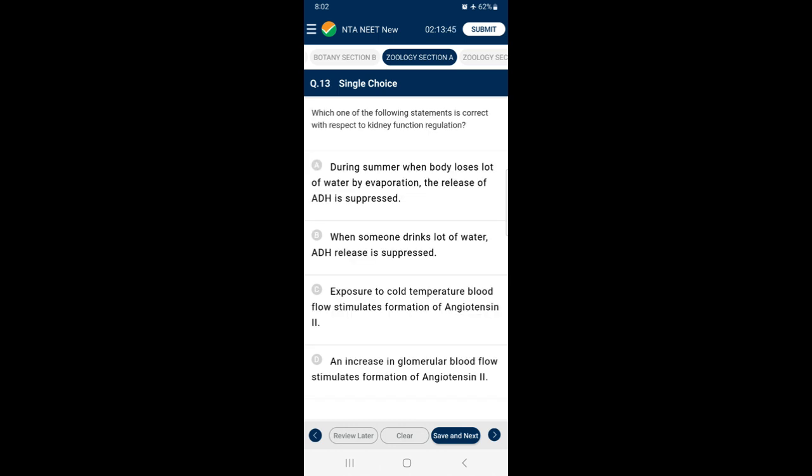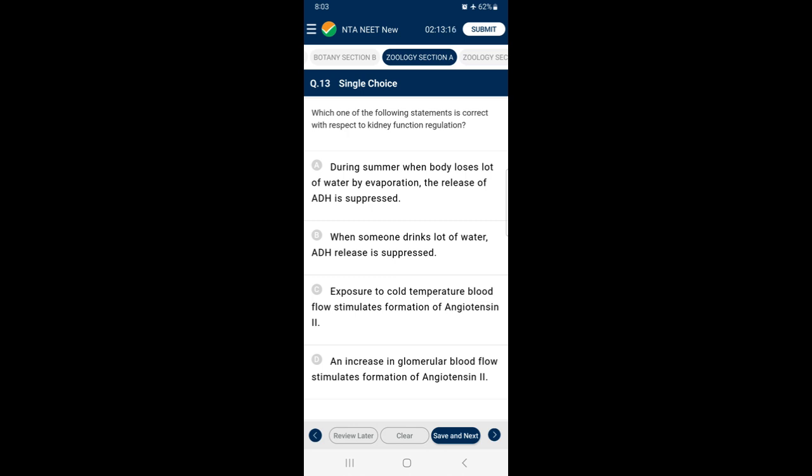Question number 13. Which one of the following statements is correct with respect to kidney function regulation? Antidiuretic hormone or vasopressin is secreted from the neurohypophysis or the posterior pituitary. ADH stimulates reabsorption of water from the last part of the distal convoluted tubule and the entire collecting duct by increasing the permeability of cells.